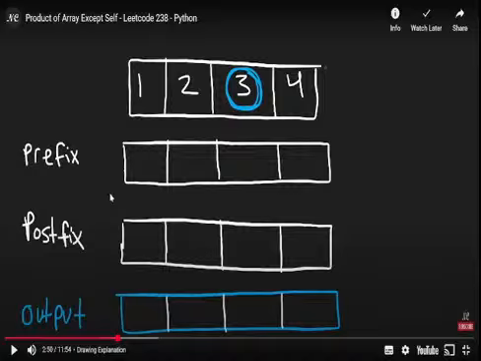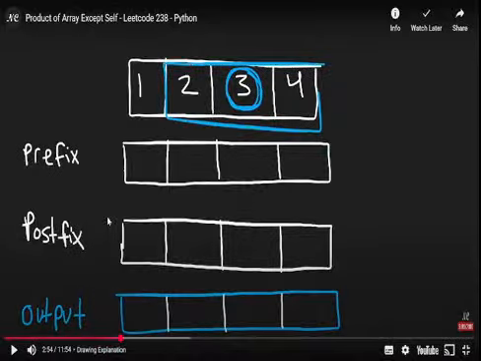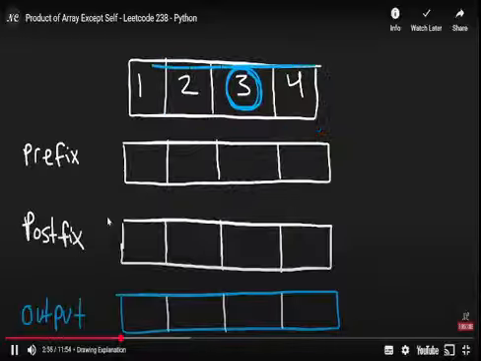Prefix is going to be the number itself, incrementing. Postfix is going to be incrementing too, doesn't it? Postfix will increment from left to right. Oh, I'm sorry. Prefix will be decrementing, of course.